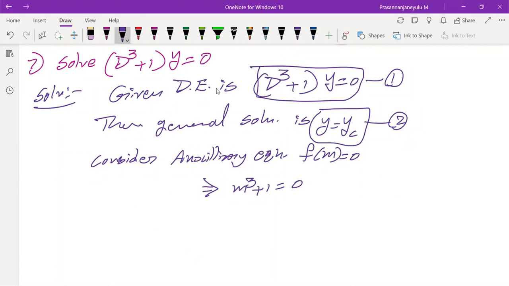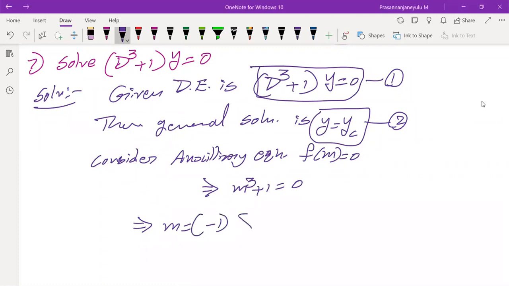But how to find the roots for this? If you use your calculator and check it out, what are you going to get? m equals 1 plus root 3 i by 2, 1 minus root 3 i by 2, and the other one is minus 1.